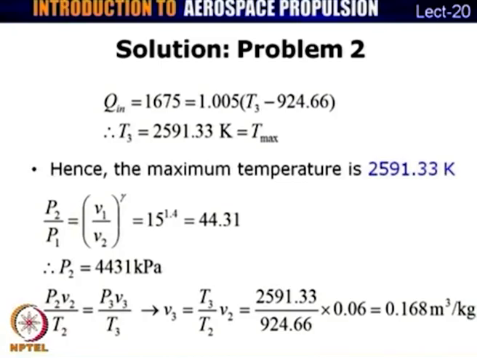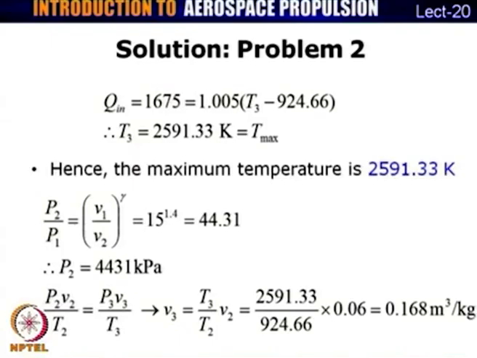So, for process 1-2, as it is isentropic, we have P2 by P1 is equal to V1 by V2 raised to gamma, which is 15 raised to 1.4, and therefore, P2 is equal to 44.31 into 0.01 megapascals, and therefore, we get P2 is equal to 4431 kilopascals. So, pressure at state 2 is 4431 kilopascals.